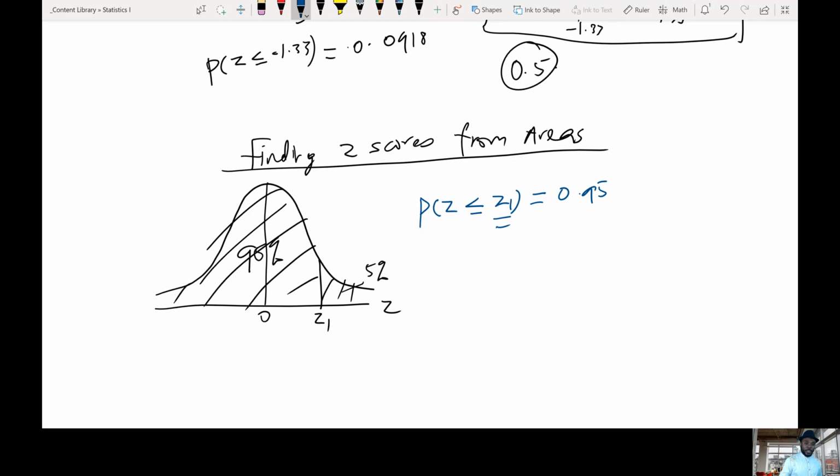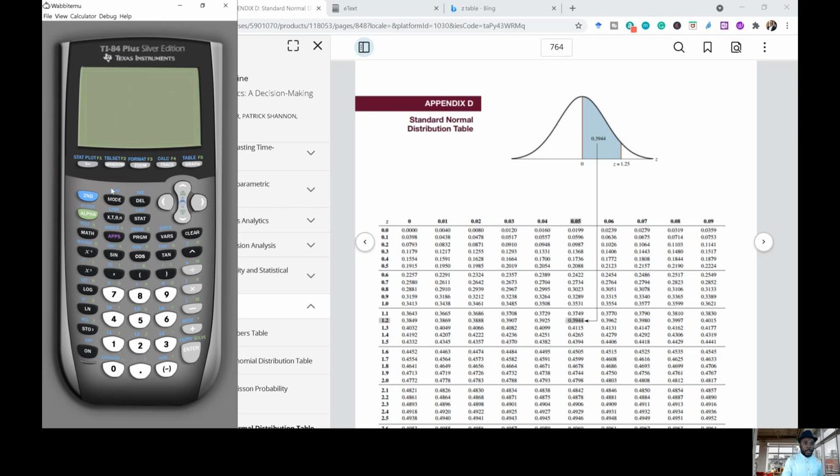All right. I'm going to show you this with a calculator, and I'll also show you with Minitab. With your calculator, first turn it on. We are going to go back again to second function var, and this time around, we're going to use the inverse norm.